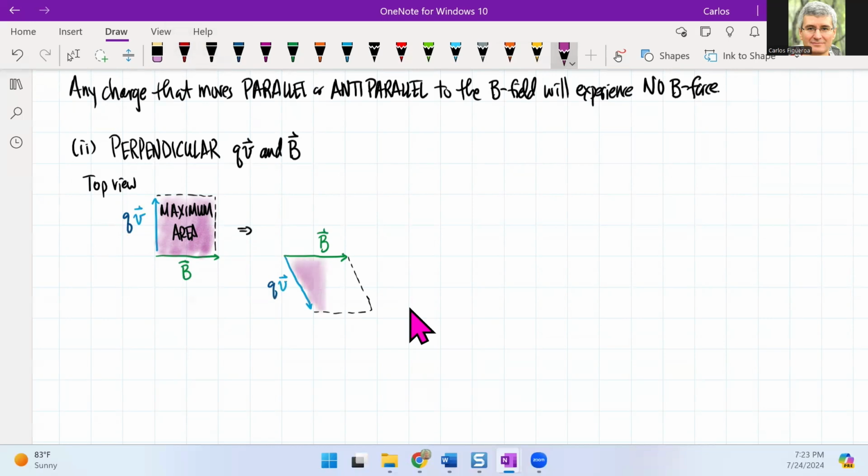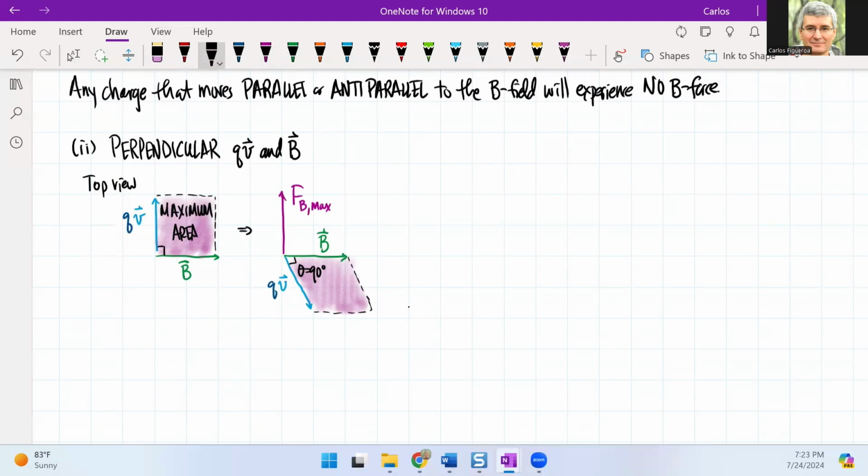And when it has this maximum area between these two, in other words, I'm saying that this gives me an angle of 90 degrees, right? That's what that's telling me. It's a right angle. Then this magnetic force will be maximum.